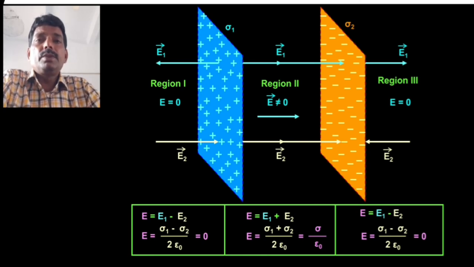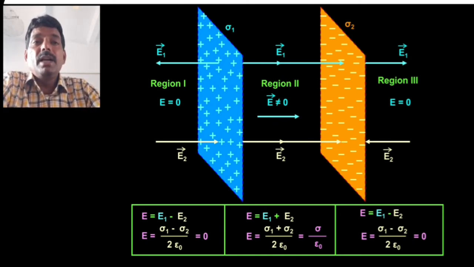If you take 2 sheets having different charges and the surface charge density is same, then here in this case the electric field intensity is 0 in region 1 and region 3, and in the middle region you will get the value sigma upon epsilon naught.